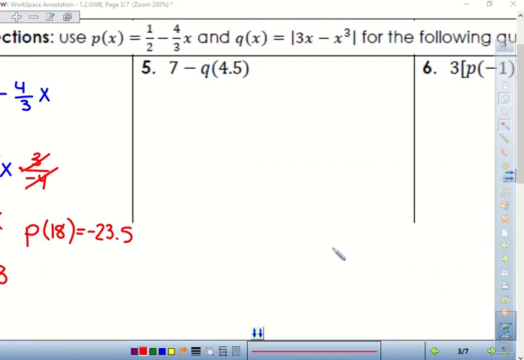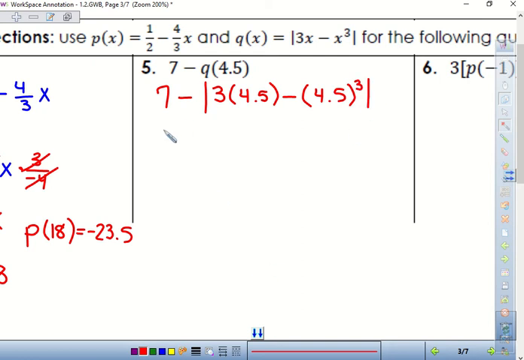So the next question, we're going to use the q of x function, and we're going to be plugging in 4.5 into that function. So it's going to be 7 minus the absolute value of 3 times 4.5 minus 4.5 to the 3rd power. Okay. 7 minus 3 times 4.5 is 13.5.